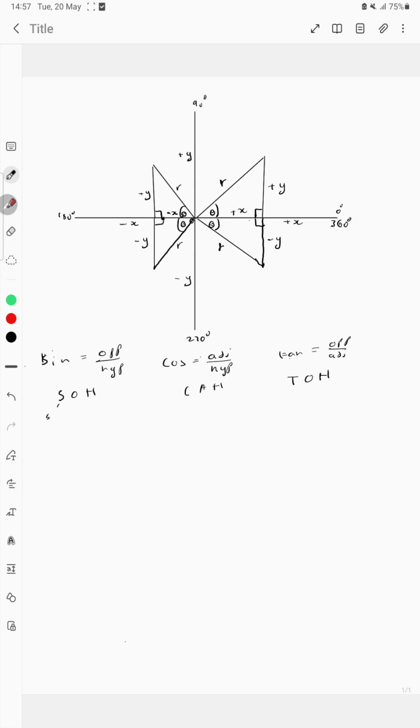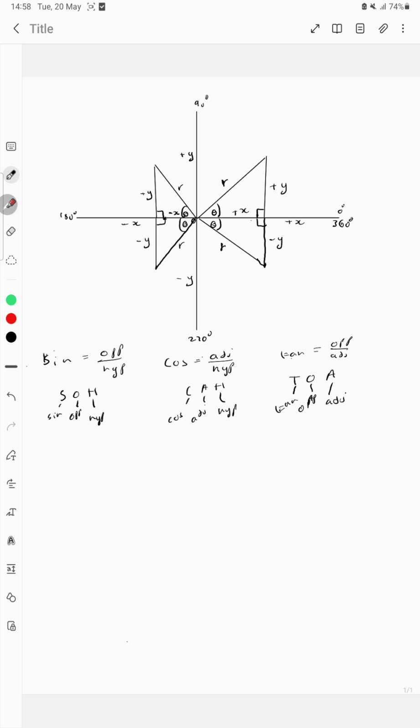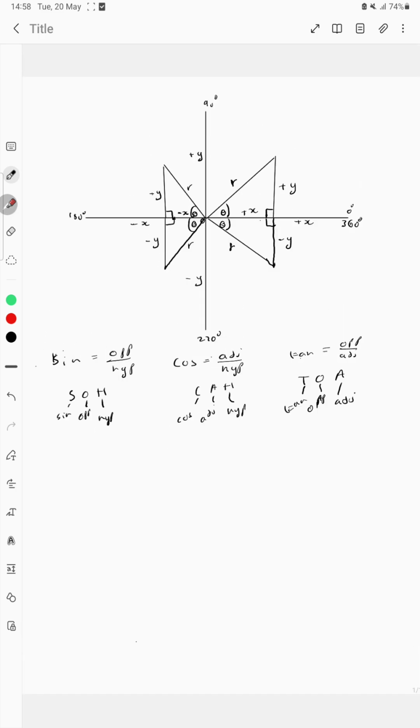S for sine, and then this is opposite, and then this is hypotenuse, and then C for cos, this is adjacent, and then that's hypotenuse, and then T for tan, and then this is opposite over adjacent, so A for adjacent.